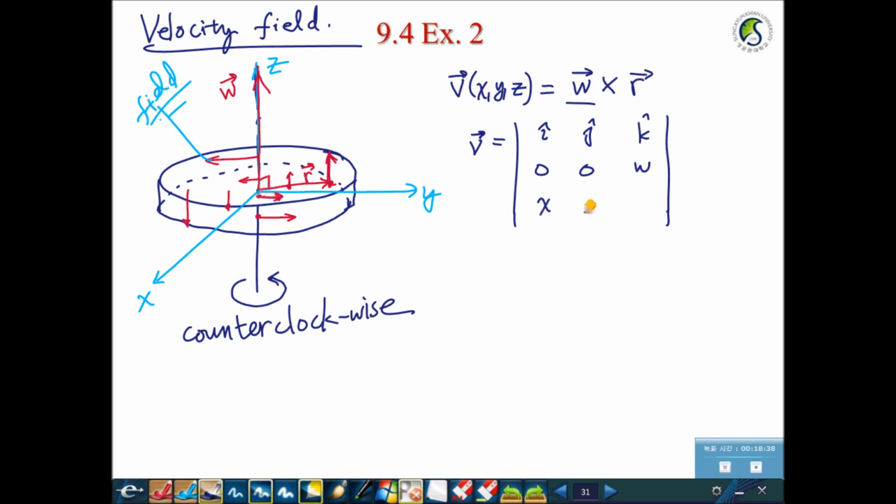And R is x, y, z, the position vector that changes. So that's minus omega y, omega x, and 0.